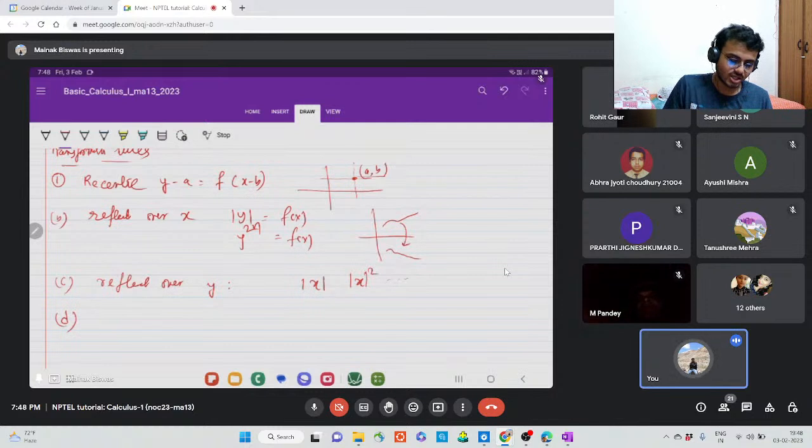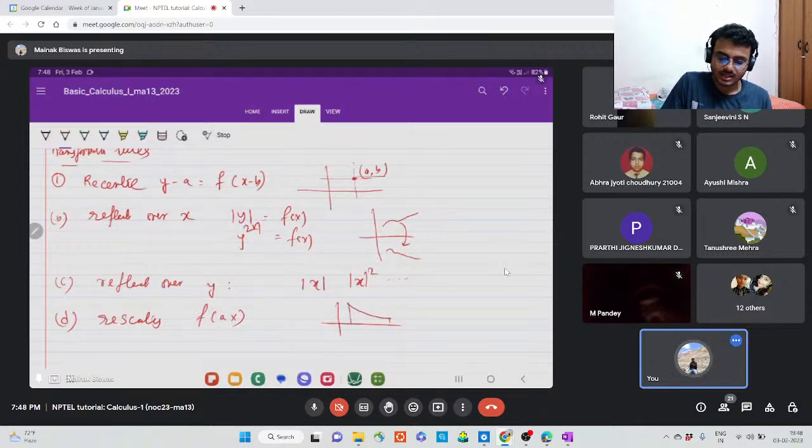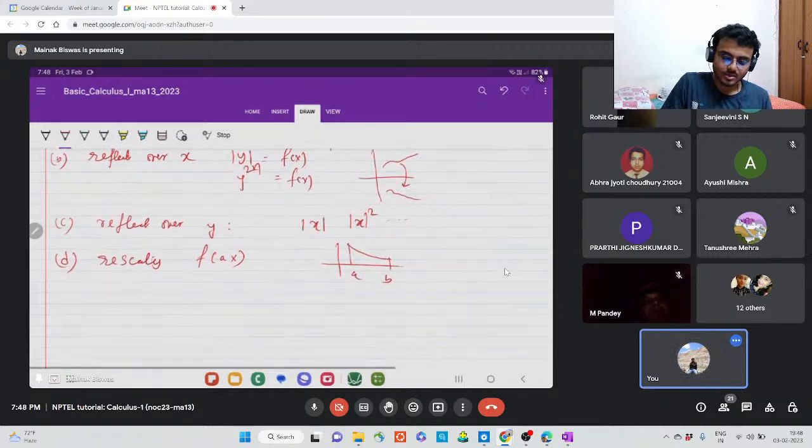Shifting done, reflection done. So first question we did shifting and reflection. Second question we did reflection. Third question we did rescaling. So f of ax. So if your function is between say x1 and x2, what will your function become between?